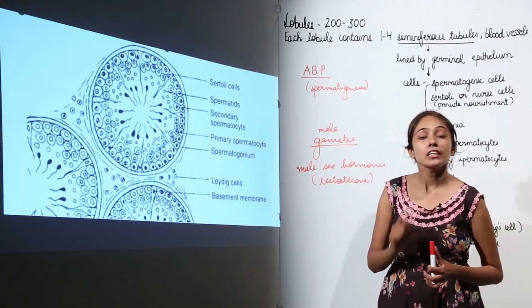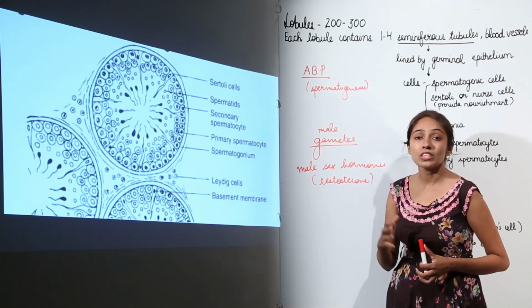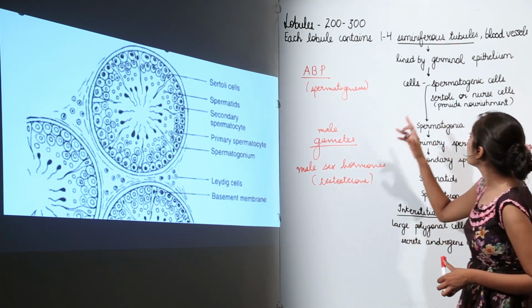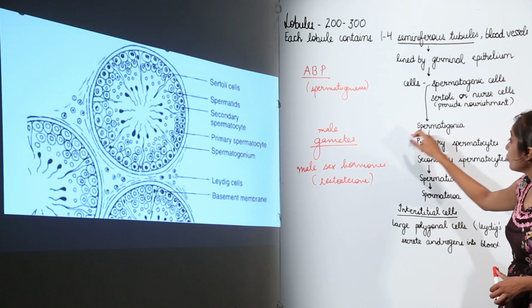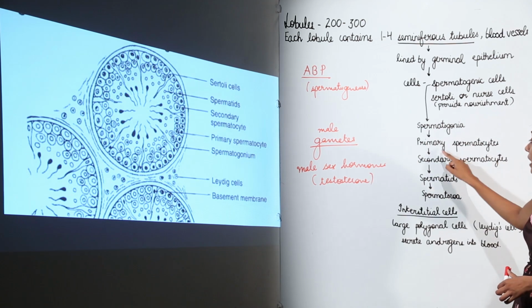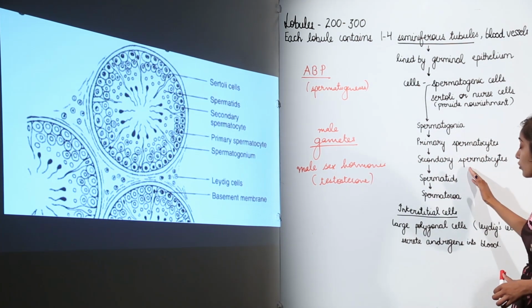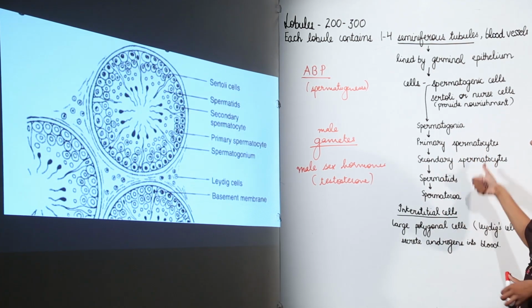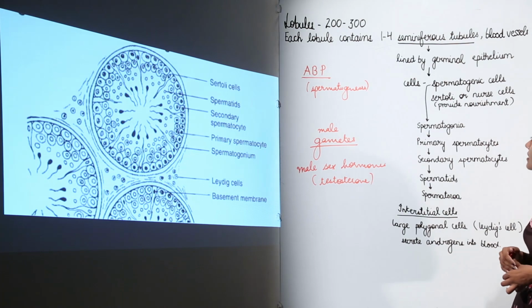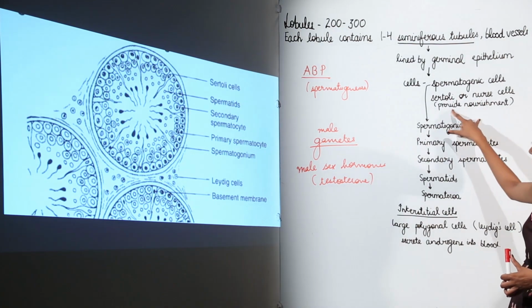Sertoli or nurse cells provide nourishment to the growing spermatozoa, and the spermatogenic cells, which are cuboidal cells, further divide mitotically to produce spermatogonia, primary spermatocytes, secondary spermatocytes, spermatids, and then finally spermatozoa. Now, the Sertoli cells or nurse cells provide nourishment.